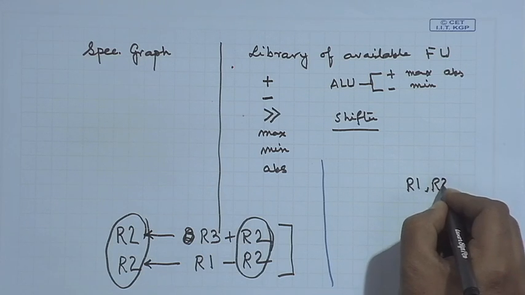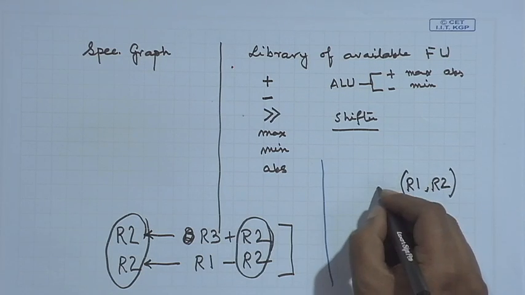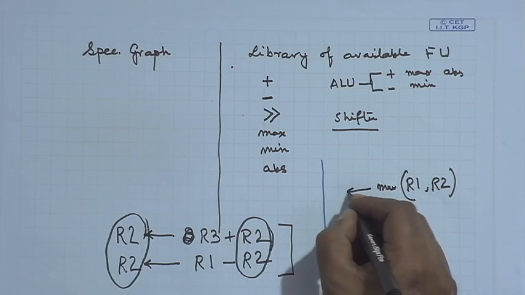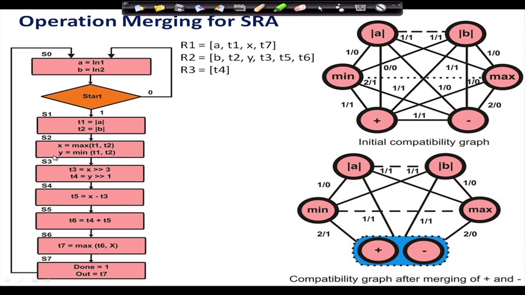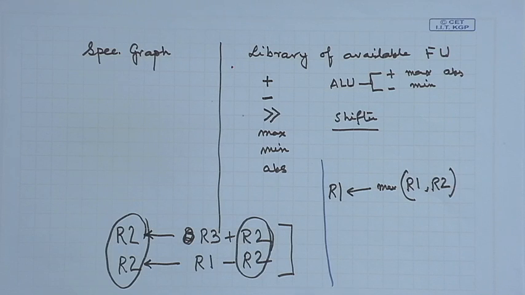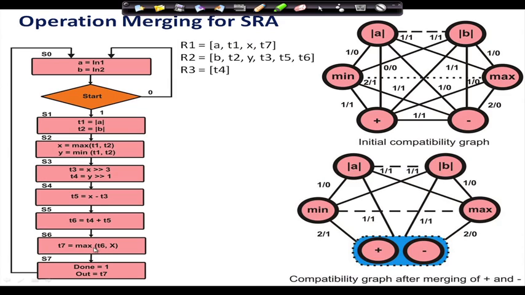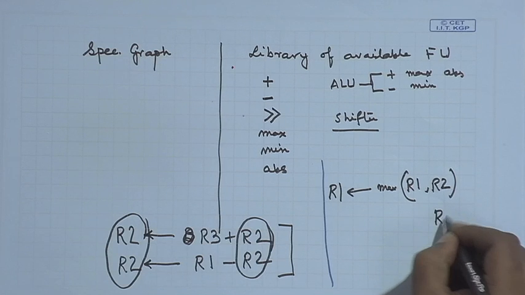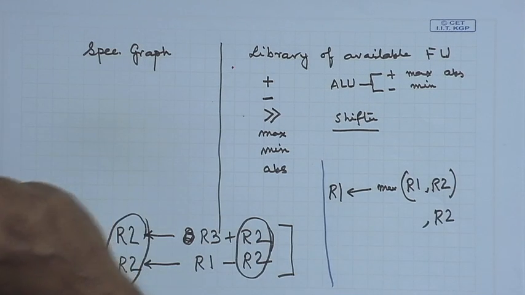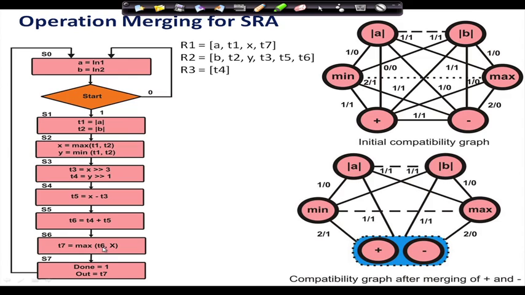R2, and these two are being maxed and going to x, x means R1, all right. Max is again here, there is again max here, T6 and x. T6 is R2, it could be R2. I have already merged that. And x is R1.